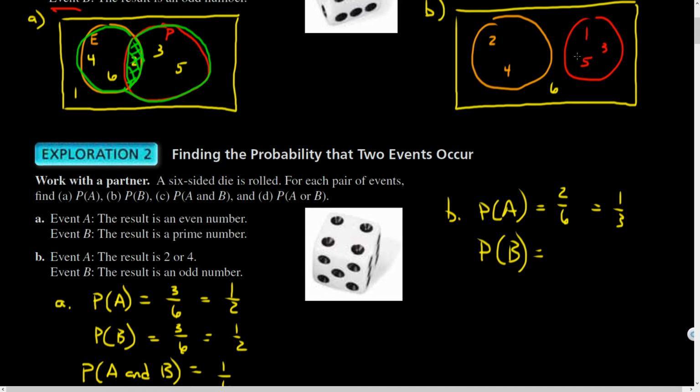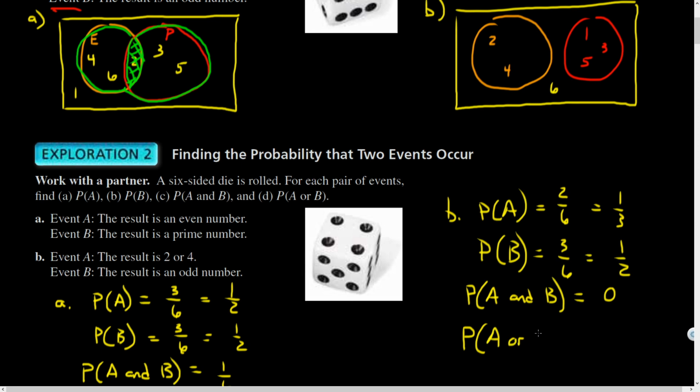I think it was odd. Yeah, there were 3 of those outcomes that were odd, so half of them. If I want the probability of A and B occurring at the same time, it was 0. There was no overlap. There is never a number that is odd as well as 2 or 4 at the same time. So that's impossible.